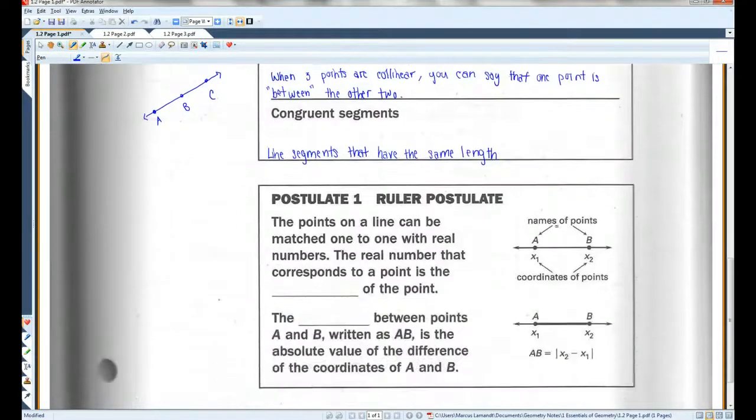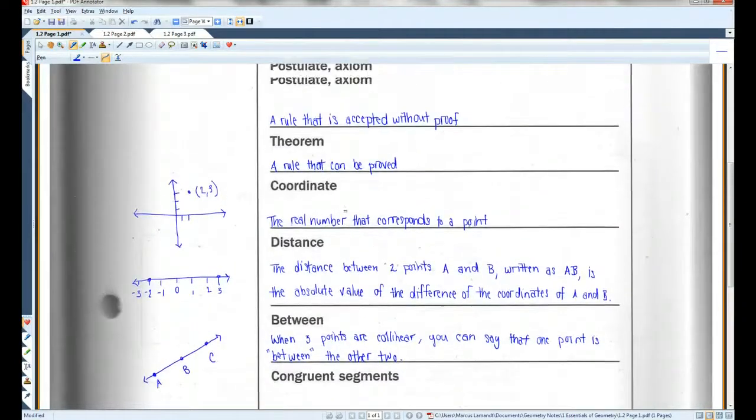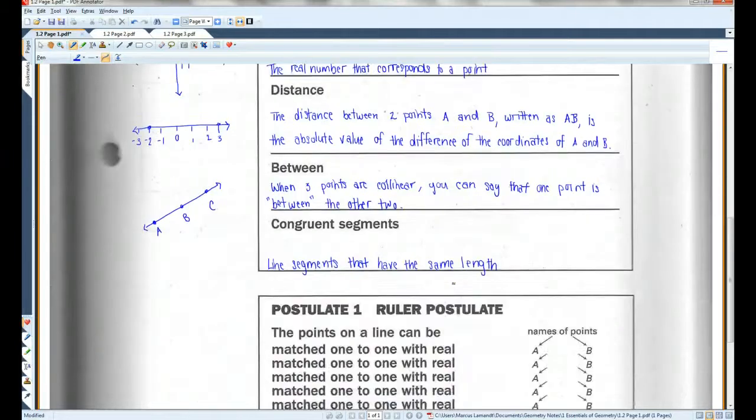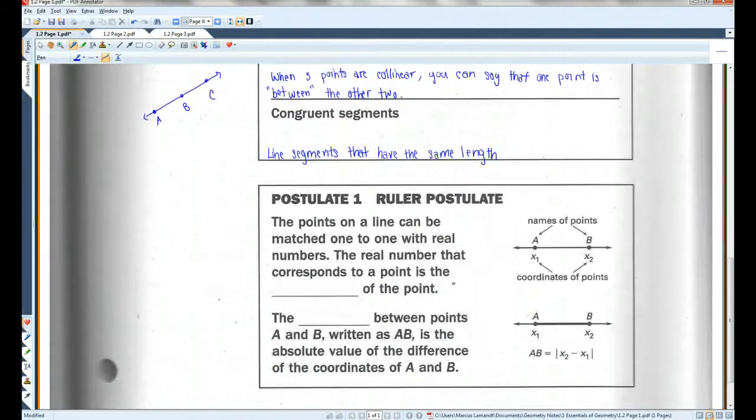Postulate 1. Ruler postulate. Now remember, a postulate is a rule that everyone just accepts without proof. The points on a line can be matched 1 to 1 with real numbers. The real number that corresponds to a point is the coordinate of the point.